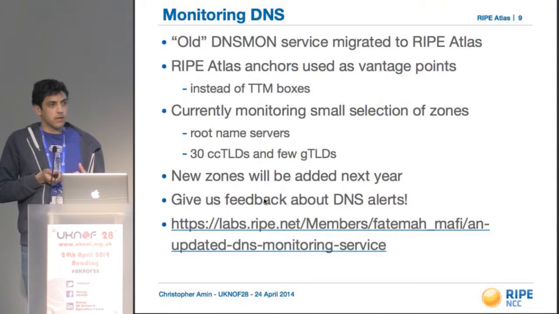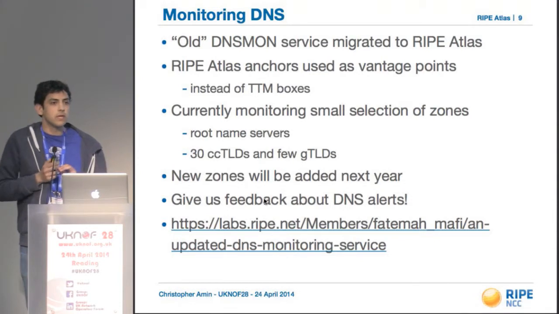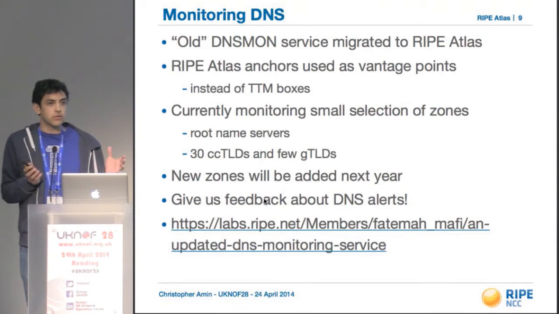So DNSMON is a kind of augmented DNS monitoring service. It's primarily targeted at the root name servers and ccTLDs and a couple of gTLDs and other important infrastructural TLDs. Right now, we don't offer the DNSMON visualization to other people. So, this will be interesting to a few people in the room, Brett, for instance.